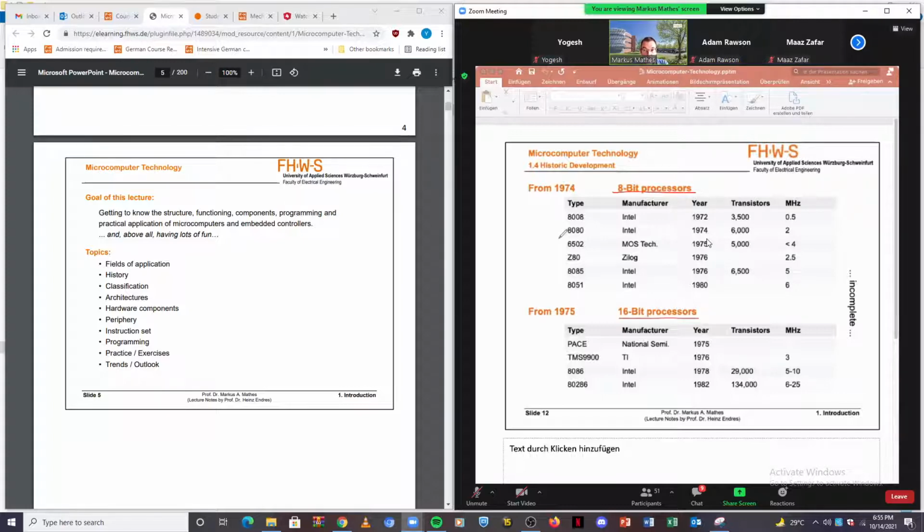So, for example, this 8080 processor, I've studied this processor at my college. During my college time, I've seen this processor in an experimental board, and we have used this from Intel. It was an 8-bit processor, and we did some assembly programming.